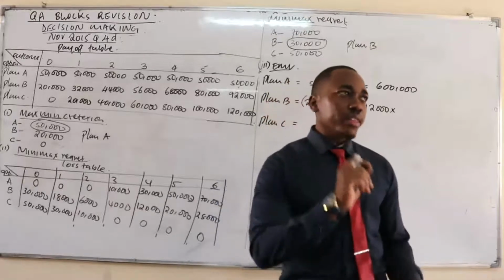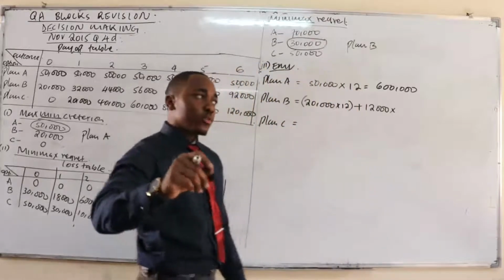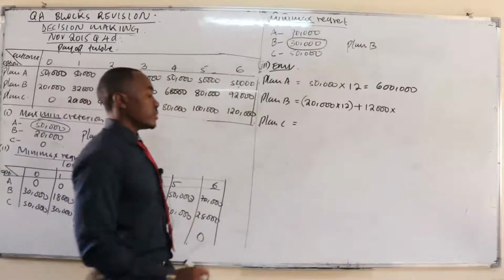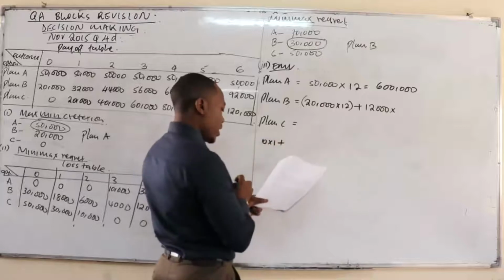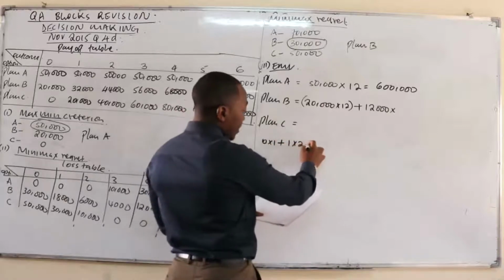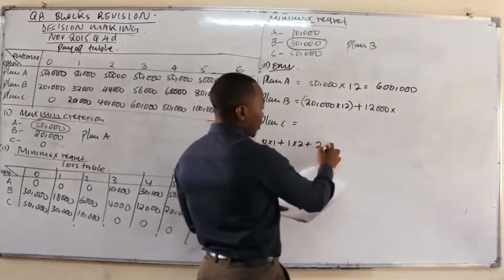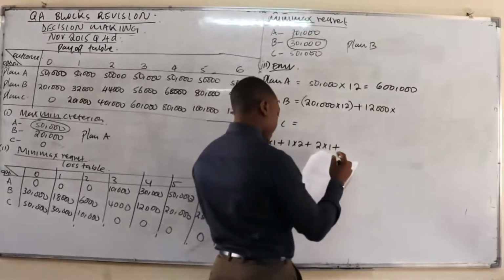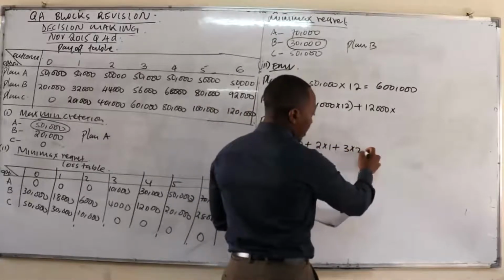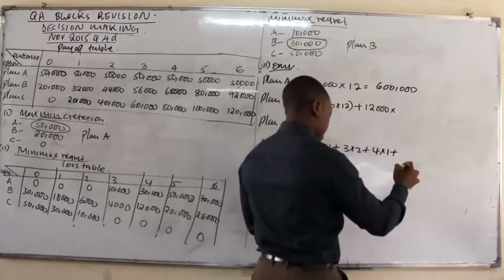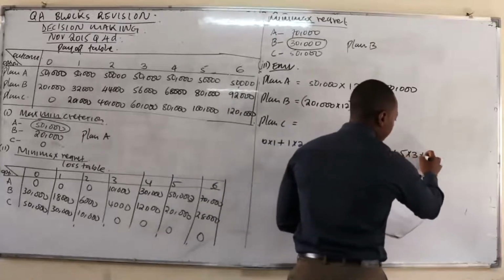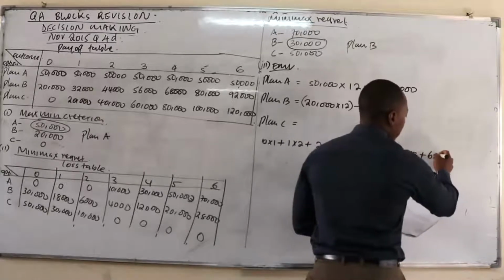So that means during the year, how much is the expected number of units sold? Just multiply that. It's 0 times 1. Then you add 1 house for 2 months, 2 times 1, 3 for 2 months, 4 for 1 month, 5 for 3 months, and then 6 for 2 months.